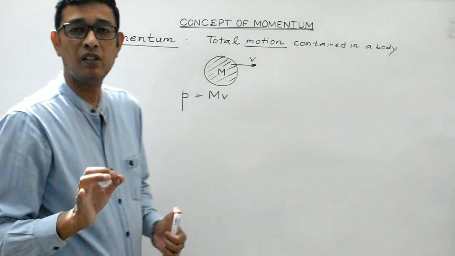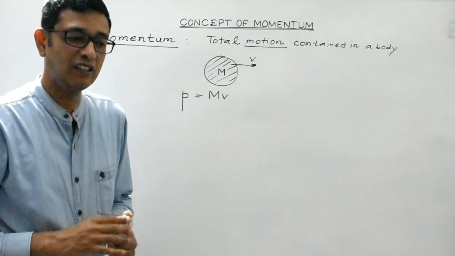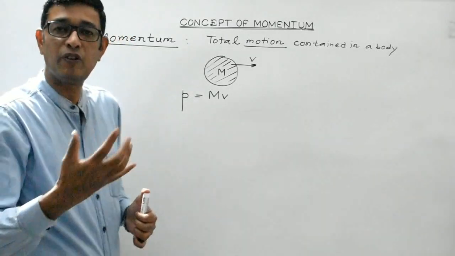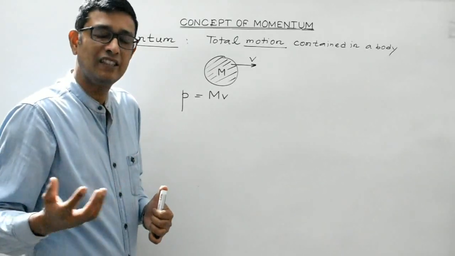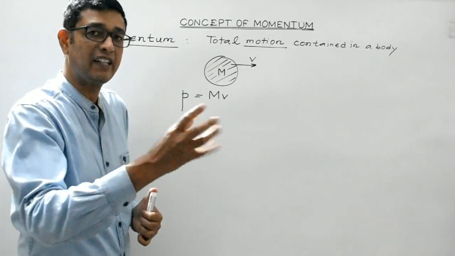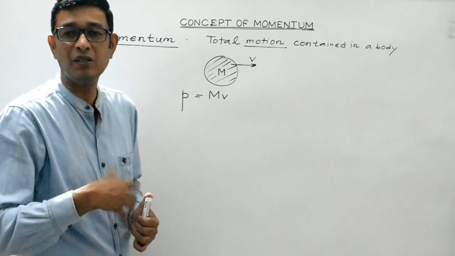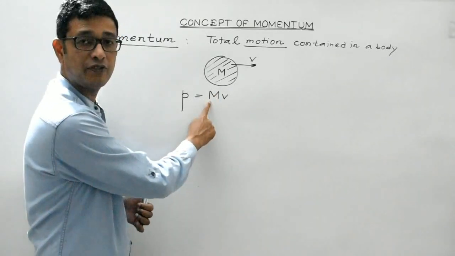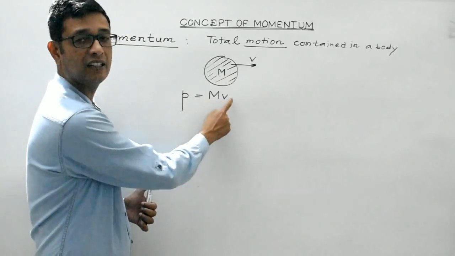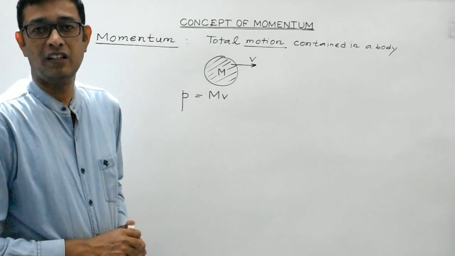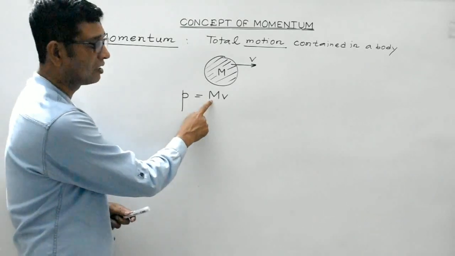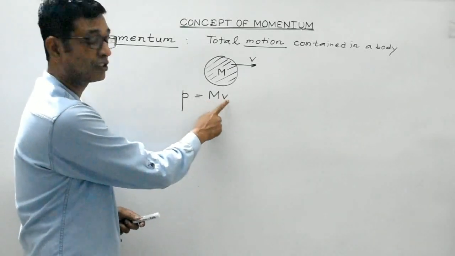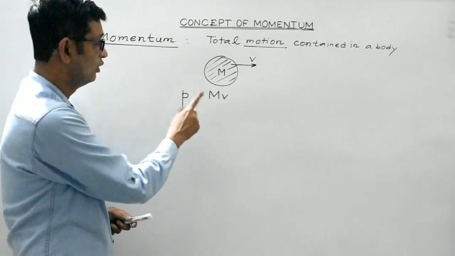So again I repeat, qualitatively or theoretically, the momentum of a body is defined as the net amount of motion contained in the body. And mathematically, the momentum of a body is defined as the product of the mass of the body and its velocity. Now look students, mass is a scalar quantity, velocity is a vector quantity having direction.